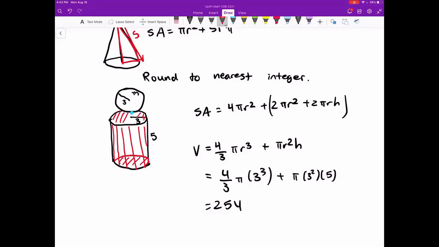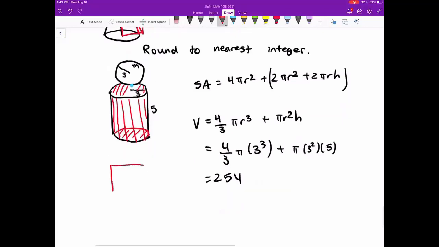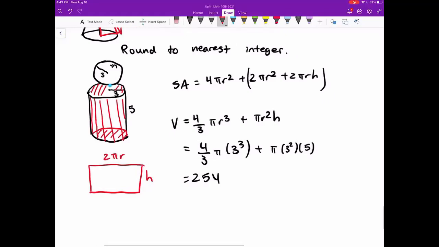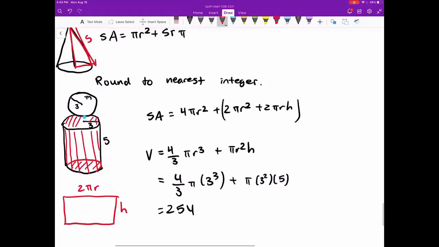Now the middle one is a rectangle with a width of the height, so it's 5. And the length is the circumference of the circle of the base, so that's just 2 pi r. So that means the total surface area would be 2 pi r squared plus 2 pi r height.